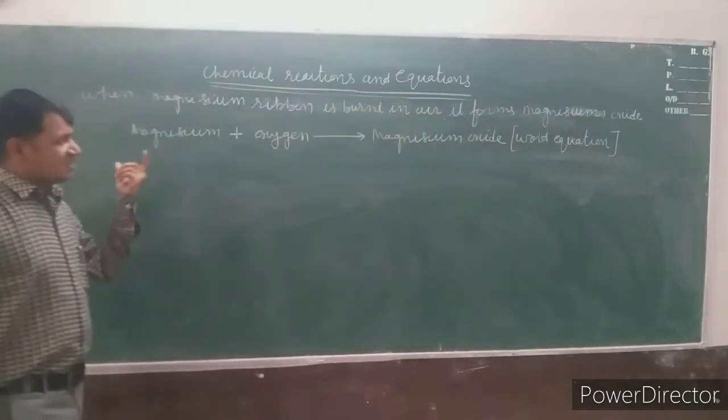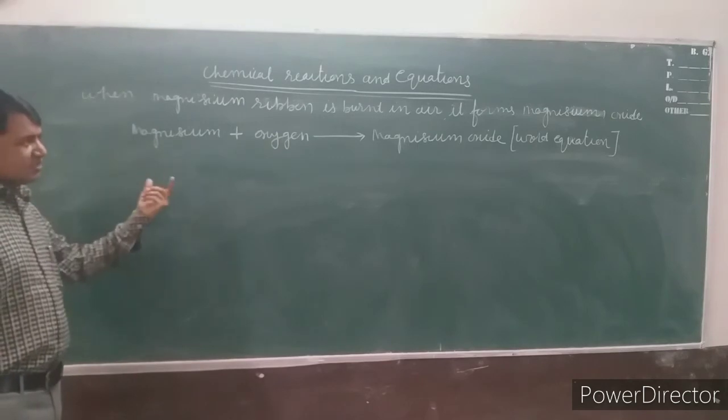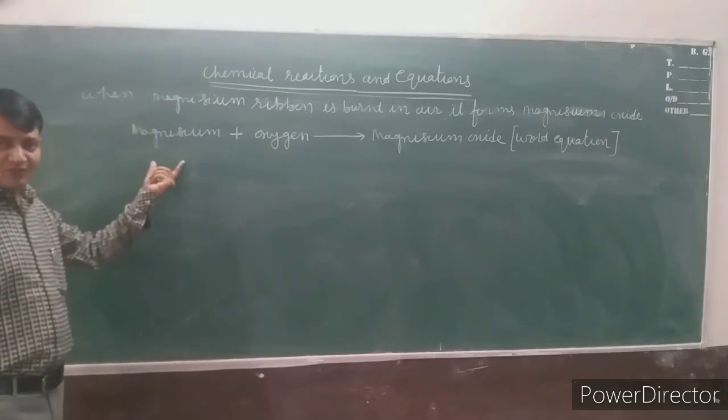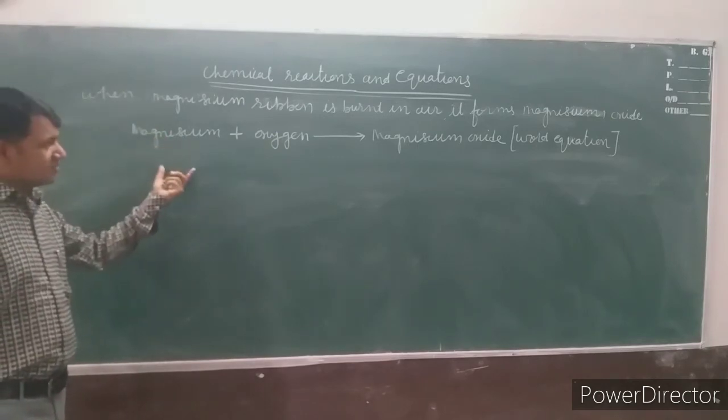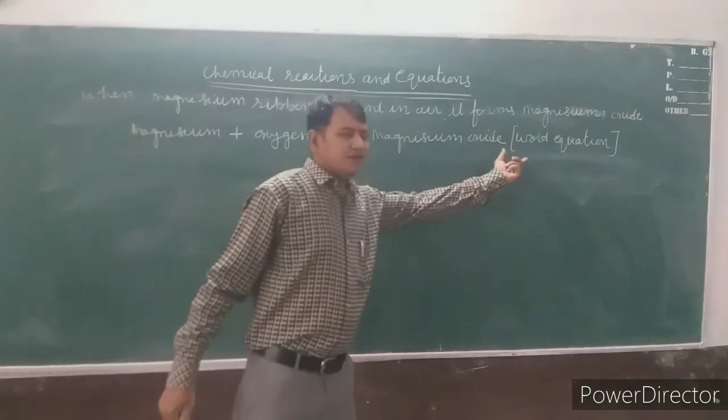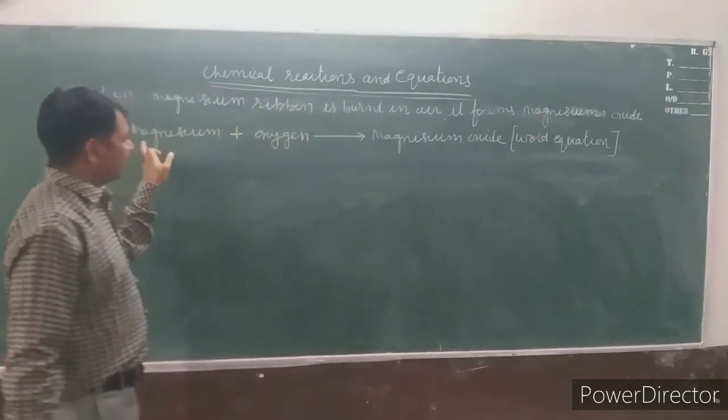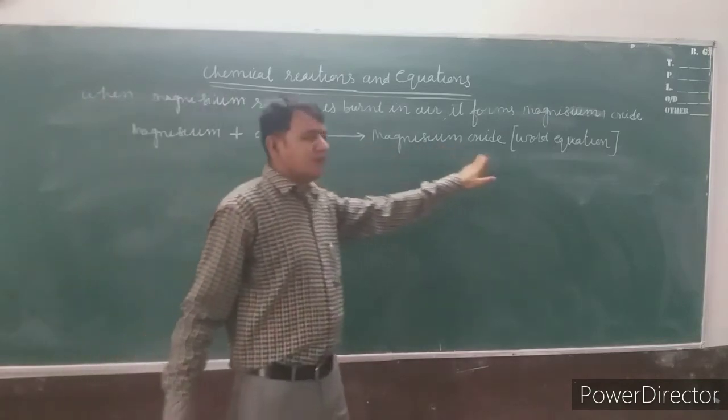Because we are expressing a chemical reaction with the help of the names of the chemicals, or words, it is known as a word equation. Magnesium plus oxygen convert into magnesium oxide.